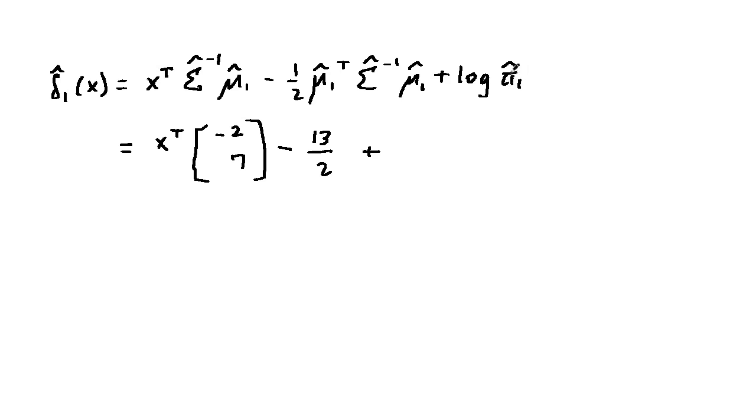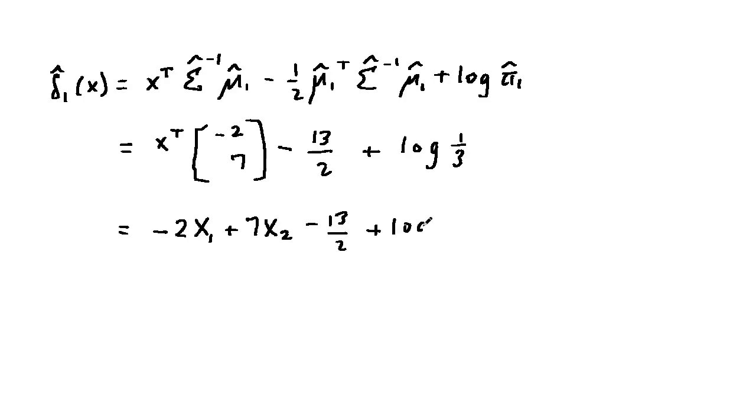And then pi 1 hat was 1/3. Let's rewrite this in terms of the components of x. So that's -2 x1 plus 7 x2 and the remaining stuff.